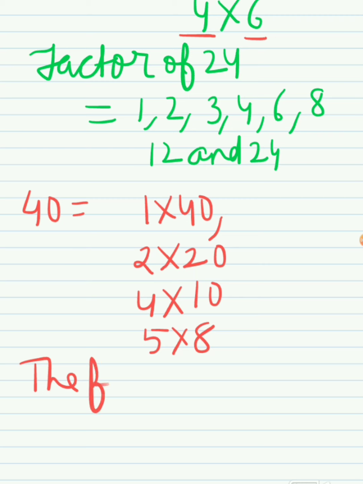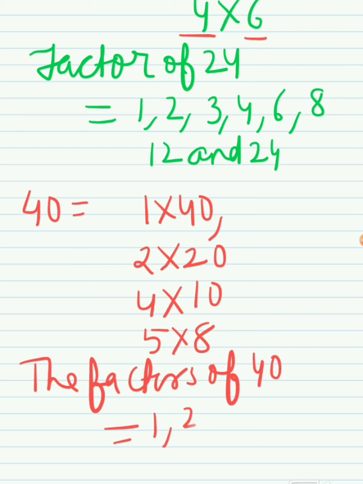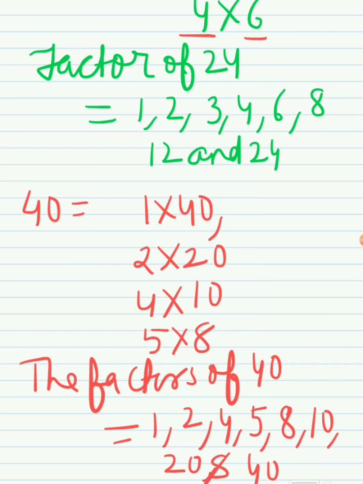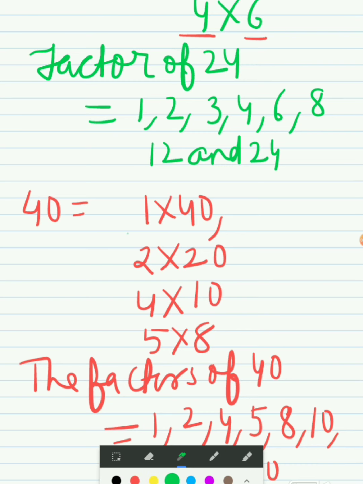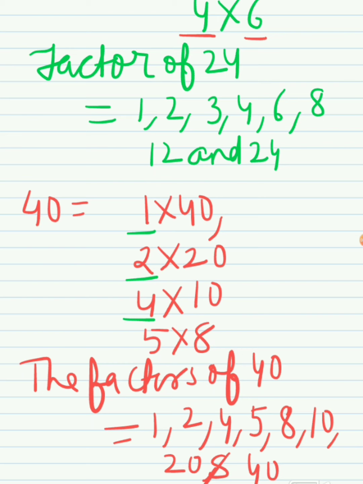So these are the factors. The factors of 40 are 1, 2, 4, 5, 8, 10, 20 and 40. You can follow the sequence 1, 2, 4, 5, 8, 10, 20 and 40. These factors we have written.